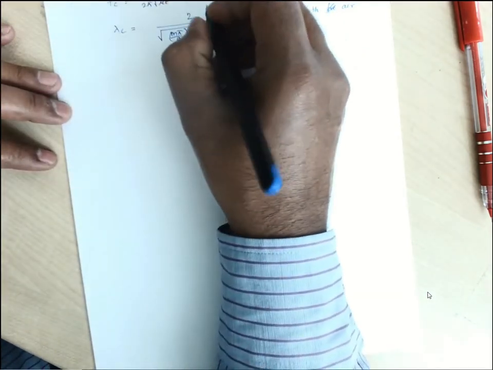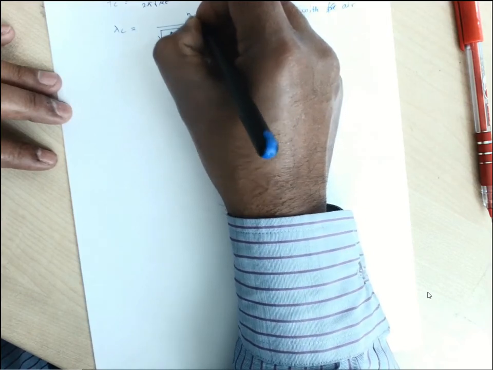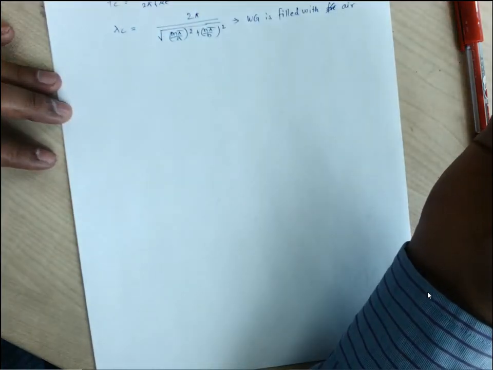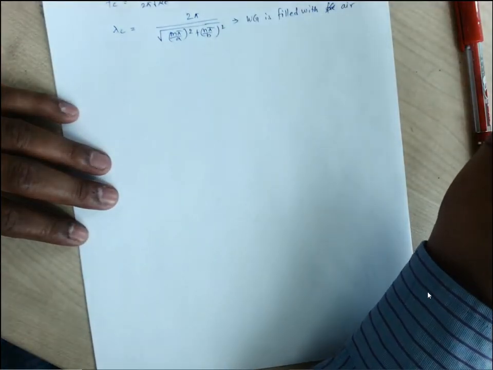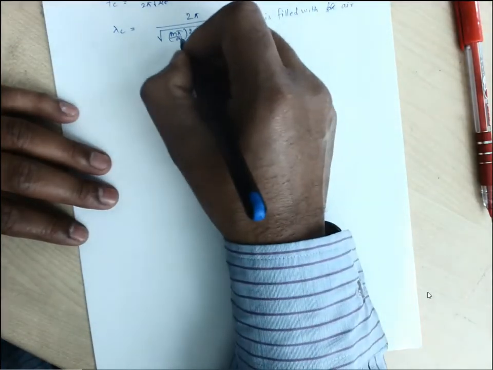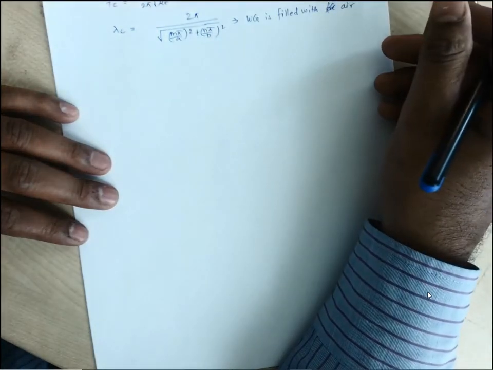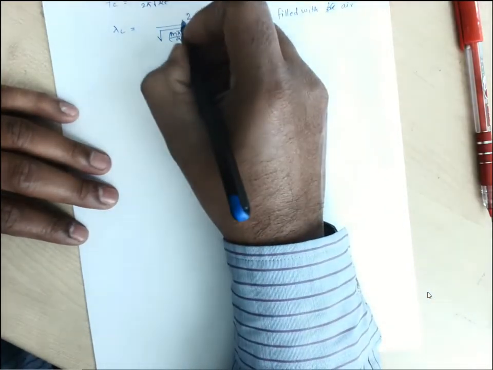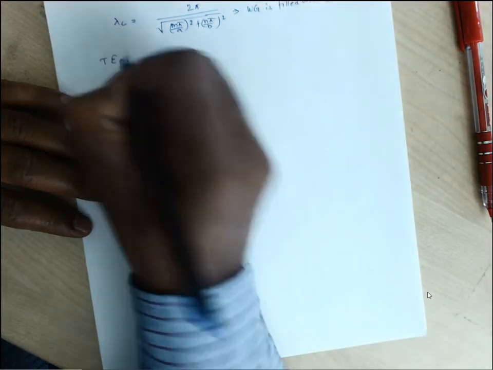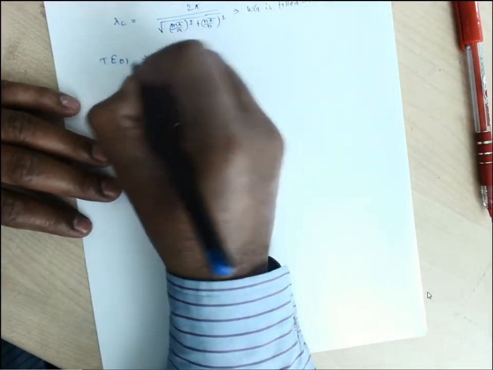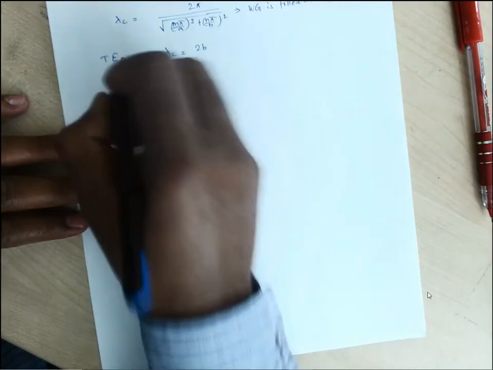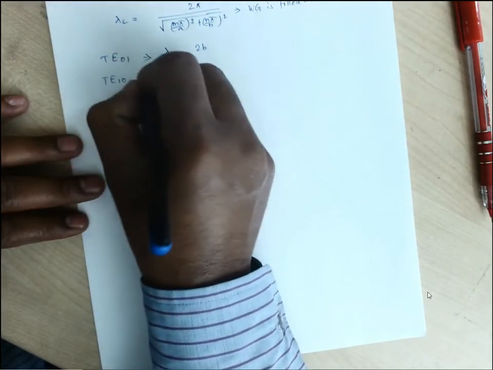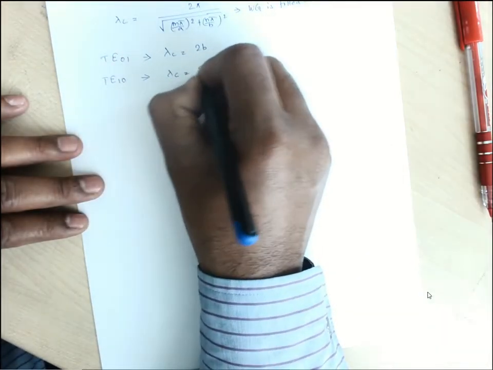Sorry, pi will not be there, so we need to consider pi here. So when will it be possible? If a and b are the same. For TE01, our lambda c will be 2b. If we consider TE10, then our lambda c will be 2a.